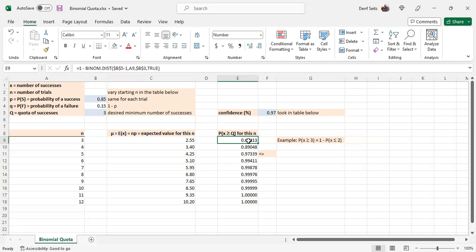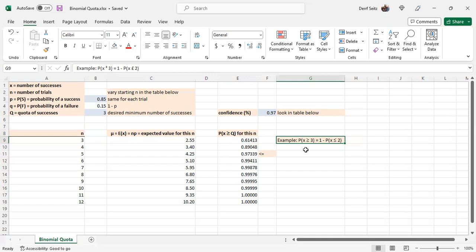Looking at that formula, before we talk more about this first one here, we see the formula up here, and the idea shown in this example comment. We're looking for the probability that x is greater than or equal to the quota q.